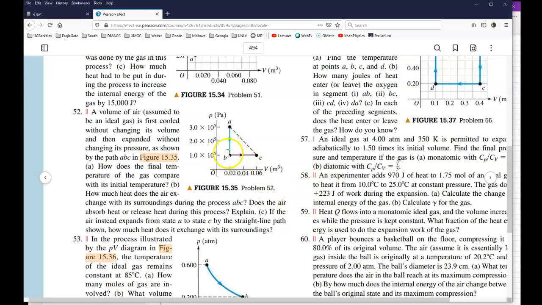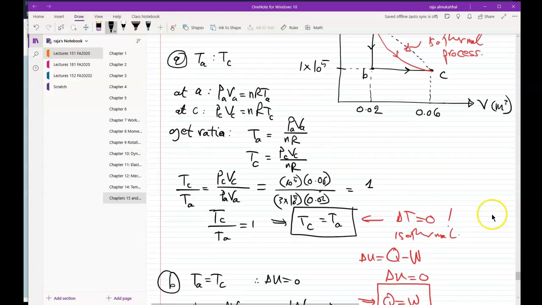Well, we still have that the temperatures at A and C are the same, so there is no change in the temperature, and this means that the change in the internal energy is 0, and so Q equals W still holds.